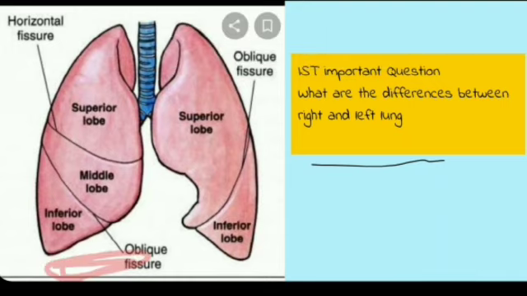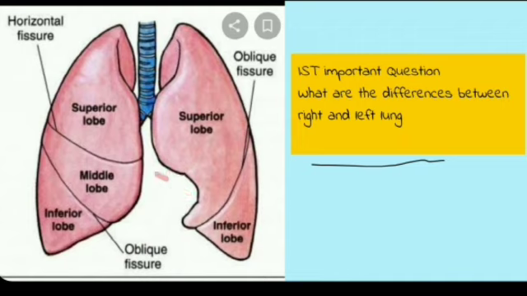To make space for the liver, the right lung is shorter as compared to the left lung, whereas the left lung is longer and narrower, and the right lung is wider and shorter. It is shorter because it has to make space for the liver, but the left lung is longer because it has to make space for the heart here.